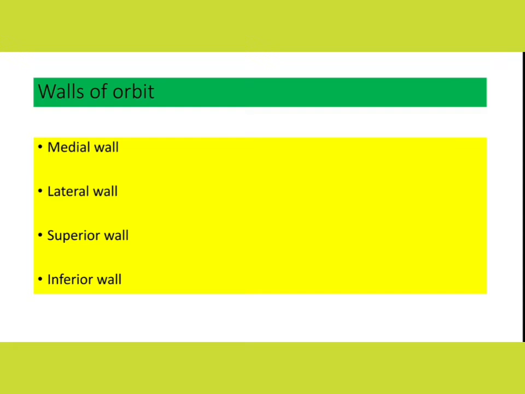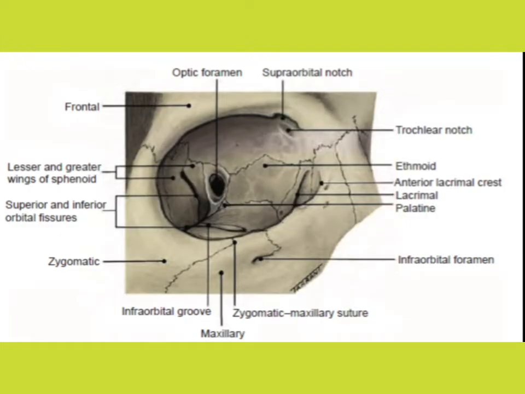Okay, so the walls of the orbit. The orbit has 4 walls: medial wall, lateral wall, superior wall and inferior wall. The superior wall of the orbit is also called the roof of the orbit, and the inferior wall of the orbit is called the floor of the orbit. The medial wall and lateral wall are the same. You can call the lateral wall the temporal wall, no issues. Here you can clearly see the different bones.